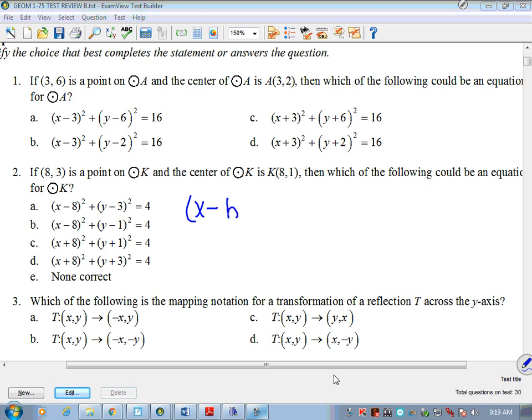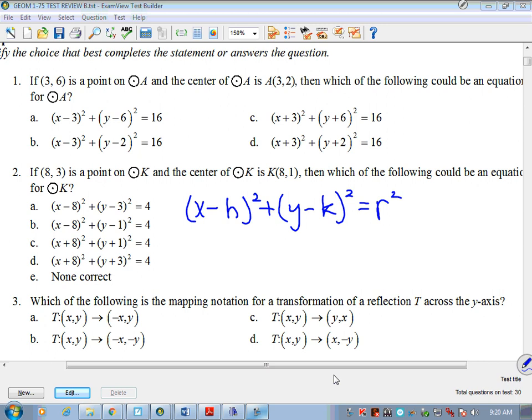X minus h squared plus y minus k squared equals r squared. Okay? What does h and k represent in that equation?